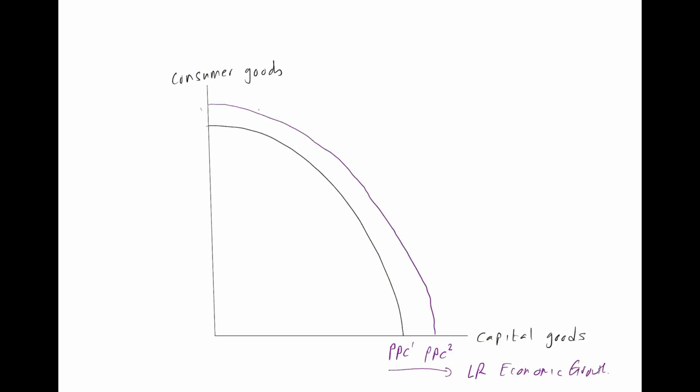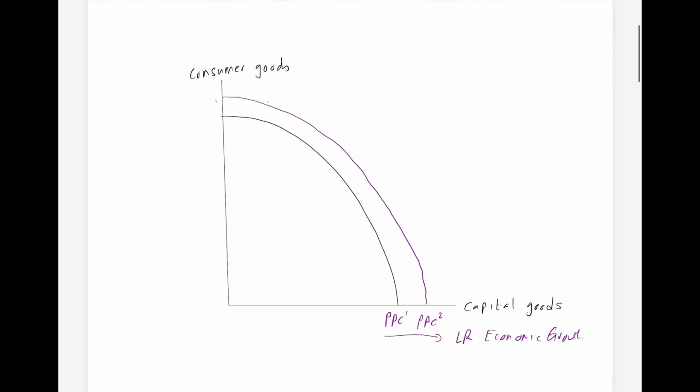However, if the quantity and or quality of the factors of production decrease for whatever reason, then the PPC will shift inwards to the left-hand side, and we can label that PPC3. So from PPC1 to PPC3, we can see that we have long-run economic decline, otherwise known as negative economic growth in the long run.